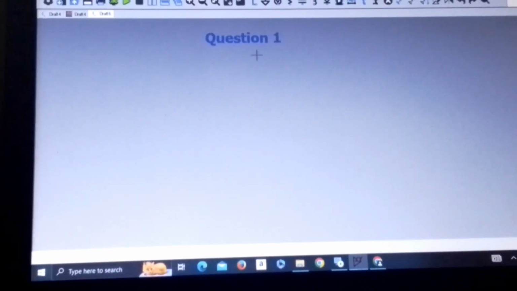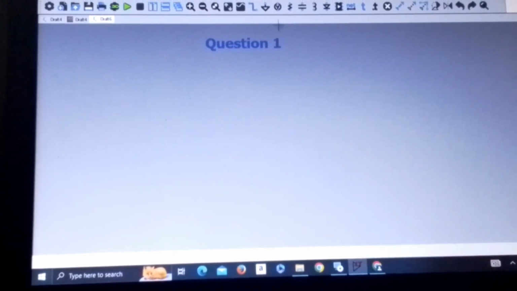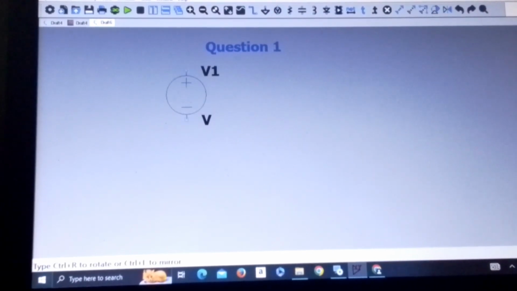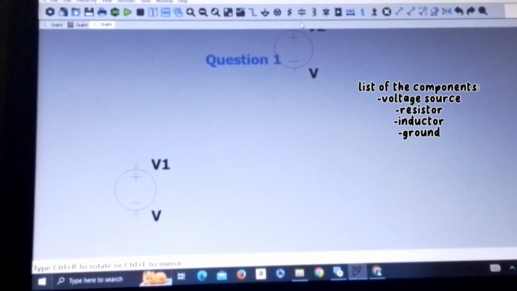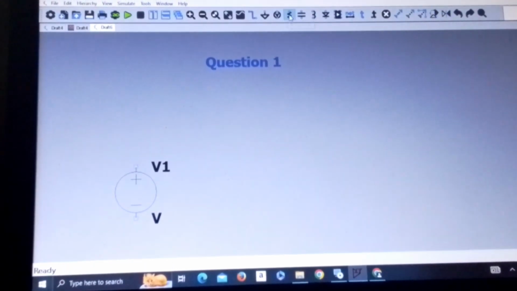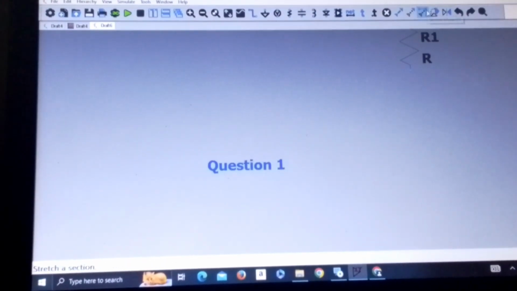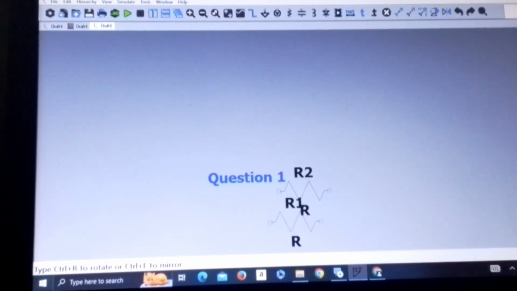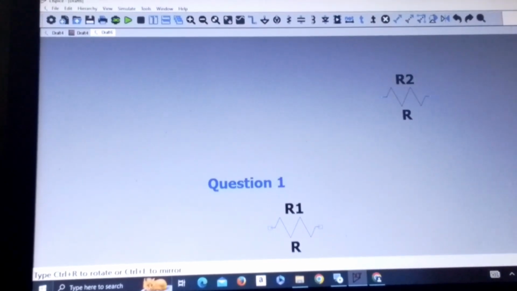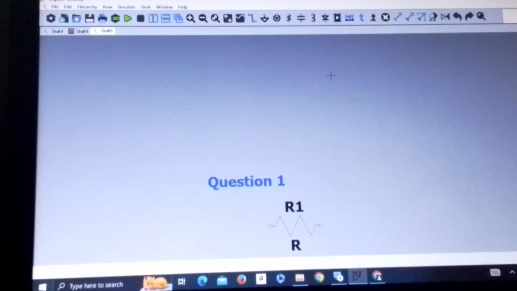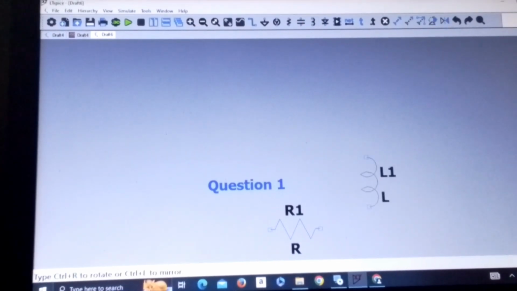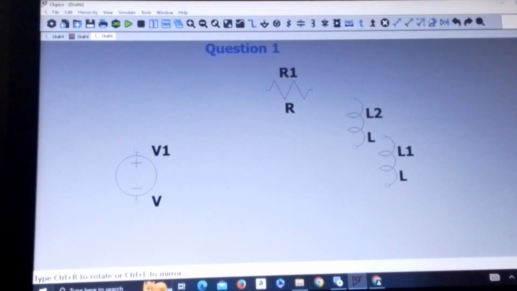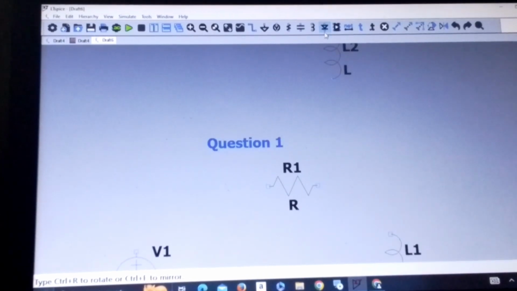For question 1, we need to put all of the components first. Firstly, put the voltage source, and then put the resistor. We need to rotate the resistor, and then the inductor, and lastly the ground.